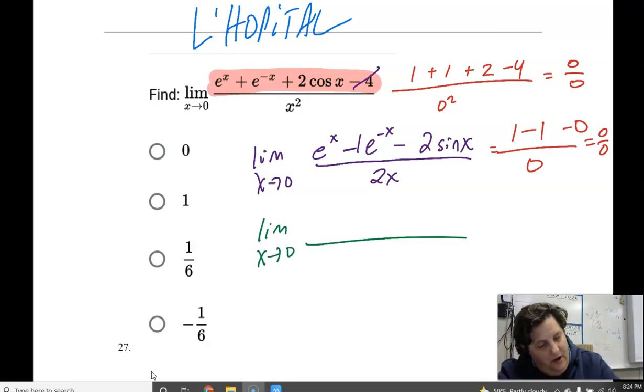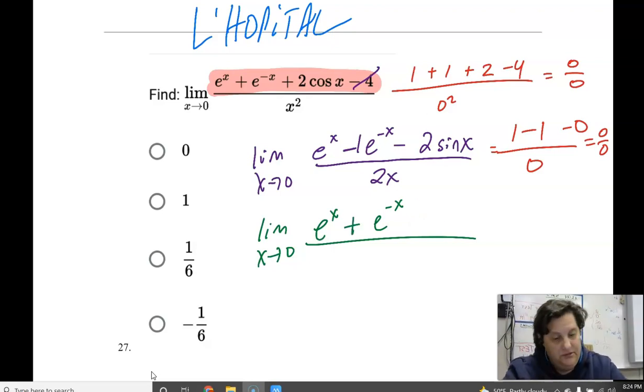All right, here we go. E to the x is e to the x. E to the negative x is e to the negative x times the negative 1. But again, instead of writing it over here, I'll just put plus. Derivative of sine is cosine, and then on the bottom, the derivative of 2x is 2. I am feeling so good about this. Here we go.